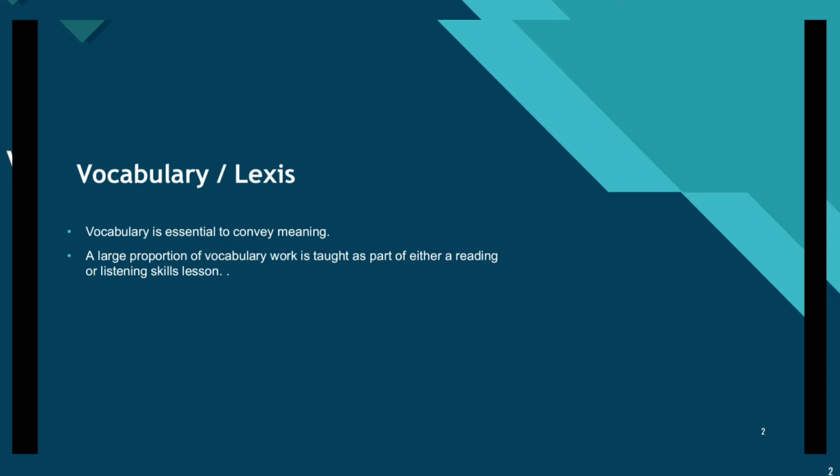Students may encounter new vocabulary during the course of their skill lessons, and you will need to select the vocabulary which is essential for understanding the task set. Pre-teaching new vocabulary will usually ensure that activities and tasks go ahead with limited disruption and a clear understanding of what is required of the students.